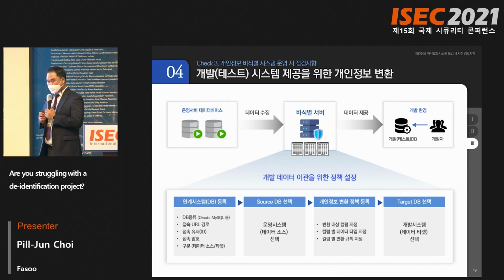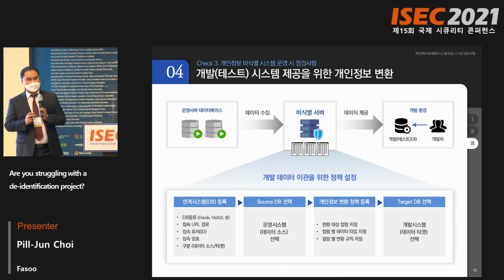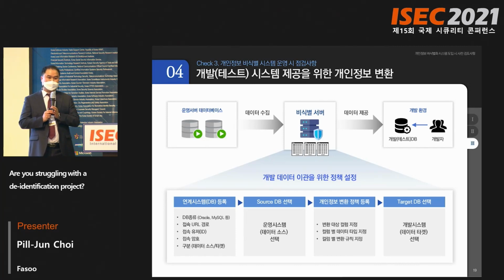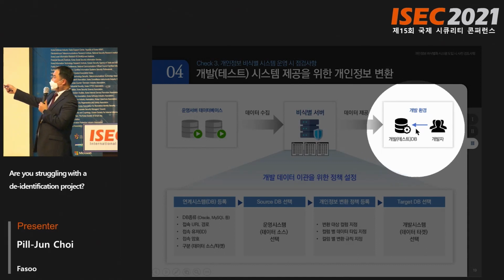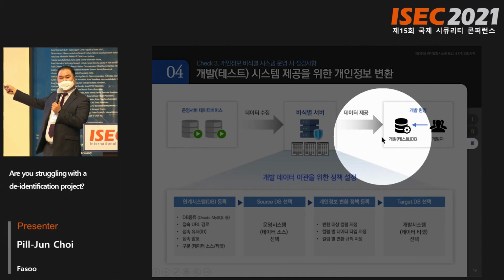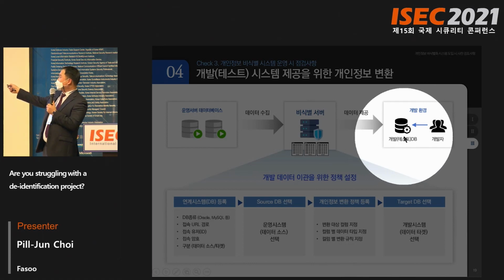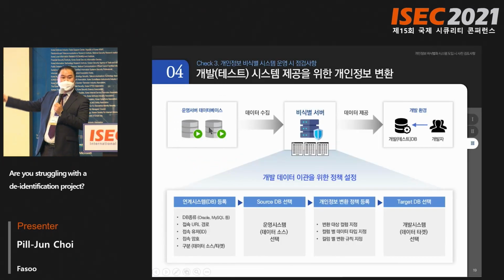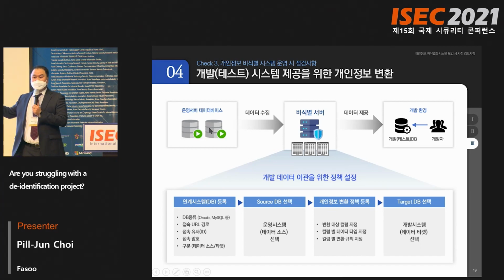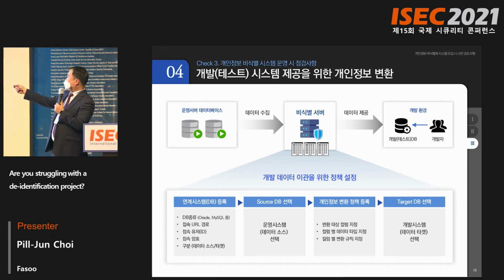And the next part is personal information conversion to provide data to development or test systems. When I see my clients, many have their own development system and testing system. In this test environment, you test with the personal information data, and when it's verified, the source code is uploaded to the operation servers.